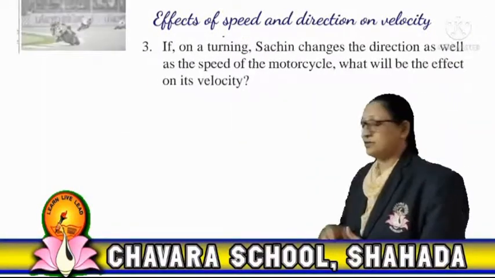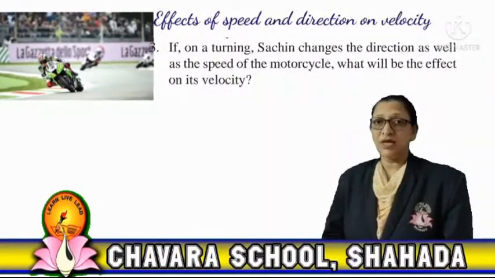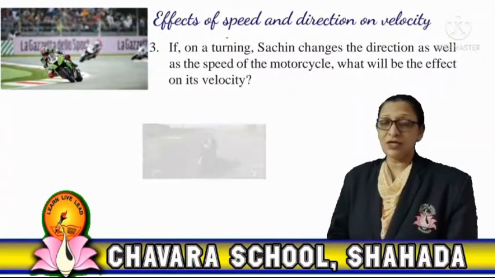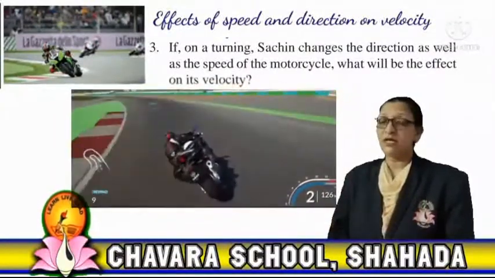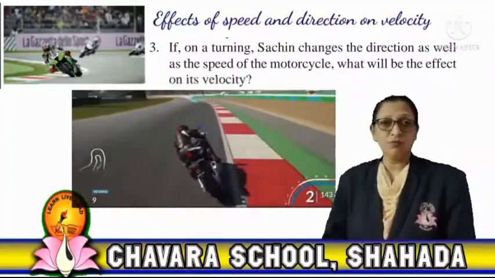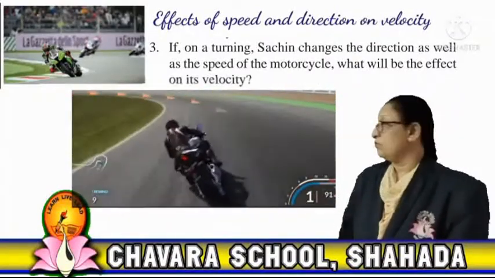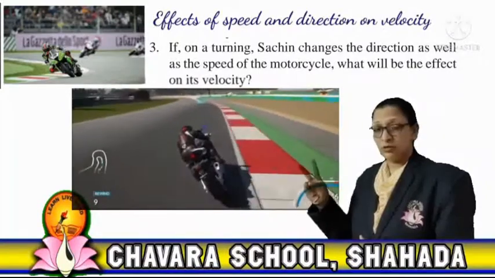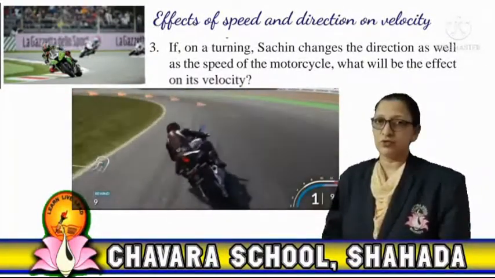Let's see the last case. If Sachin changes his speed as well as direction on the turn, what will be the effect on velocity of the motorcycle? In this case, dear friends, velocity will change with both its direction as well as its magnitude.